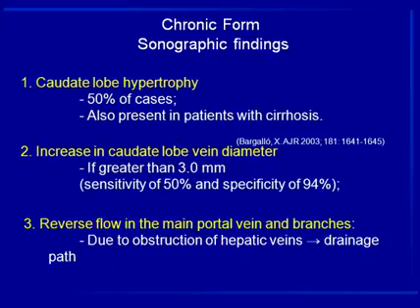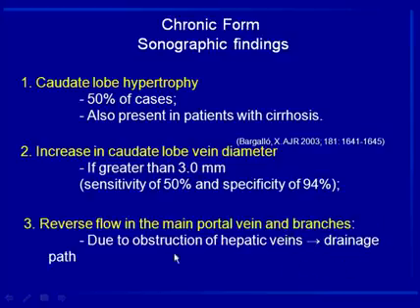Increase in caudate lobe vein diameter: if greater than 3 millimeters, it's a sign of the chronic form of Budd-Chiari syndrome, with sensitivity of 50% and specificity of 94%. Reverse flow in the main portal vein and branch due to the obstruction of hepatic vein.